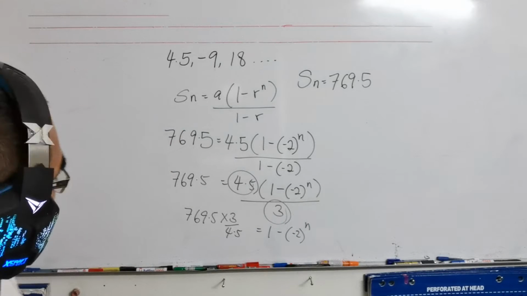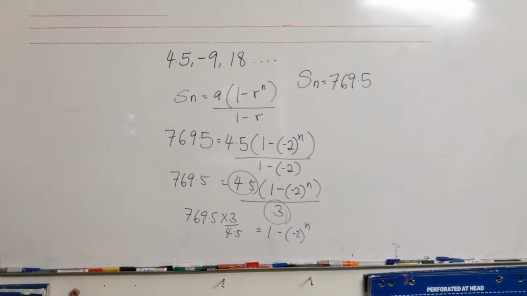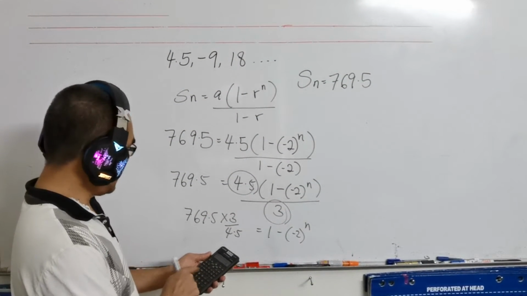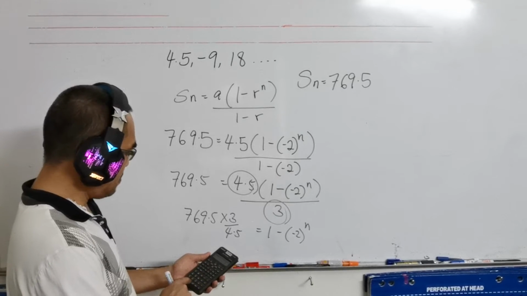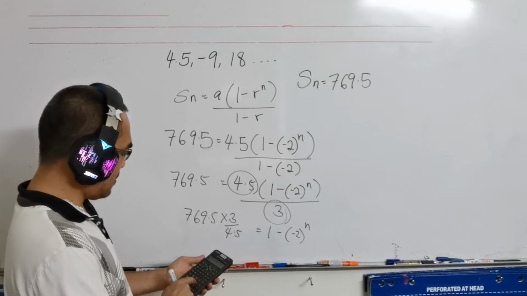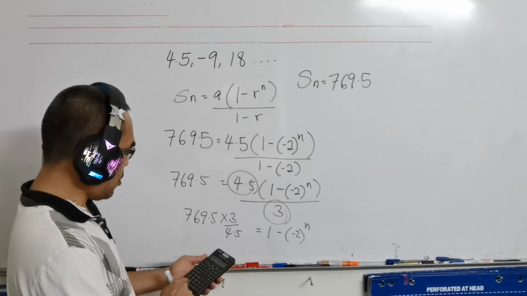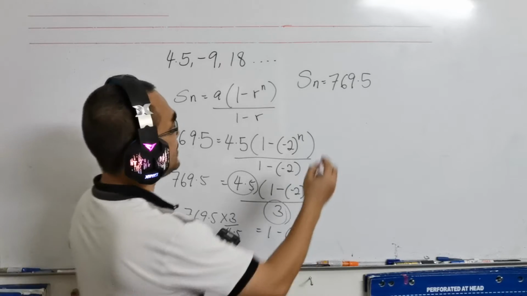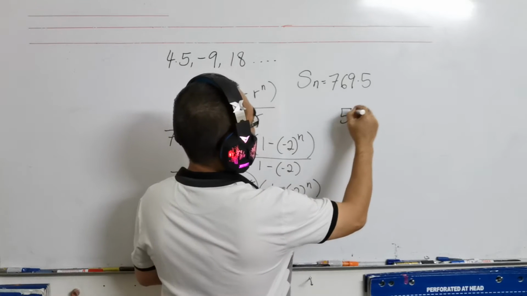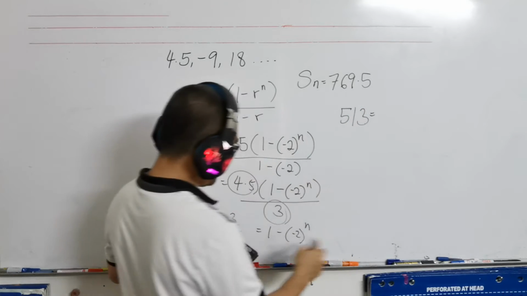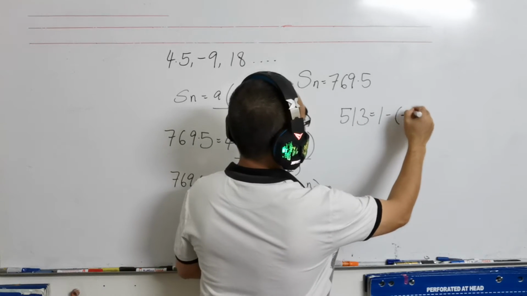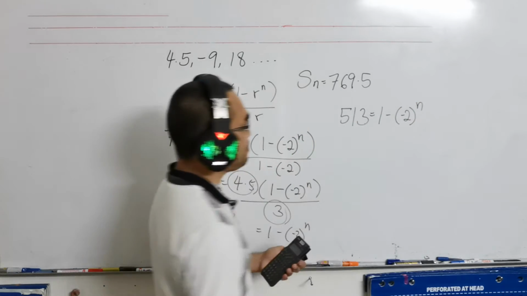Okay, so we need to calculate 769.5 times 3 over 4.5. So we have 513. So 513 is equal to 1 minus negative 2 to the power of n.